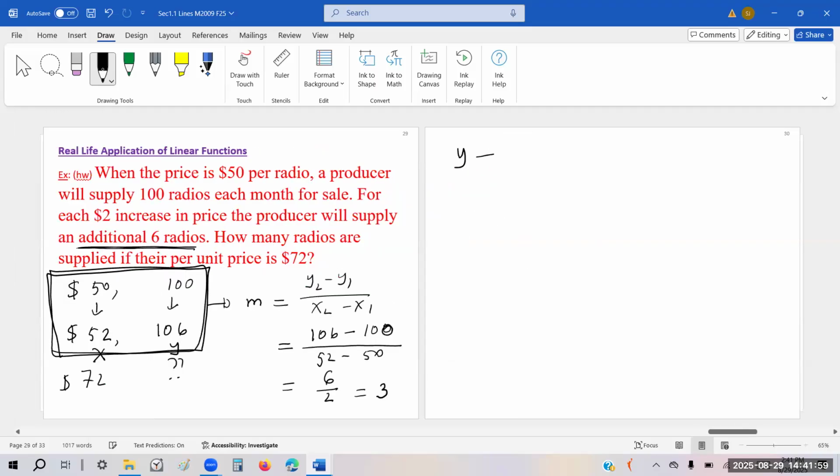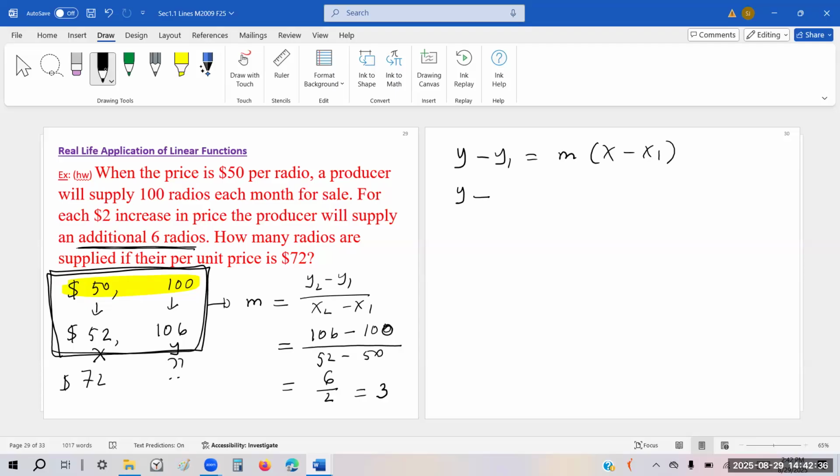So basically, we have an equation y minus y1 equals slope times x minus x1. Let's take this information to get our linear equation, because this scenario represents a linear scenario. You can just find a line, and it doesn't matter what price they give us, we can always find how many radios we want.